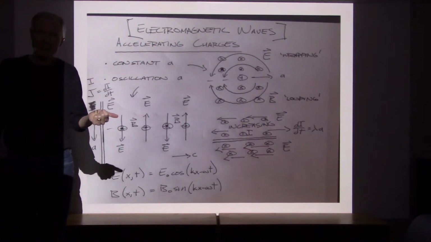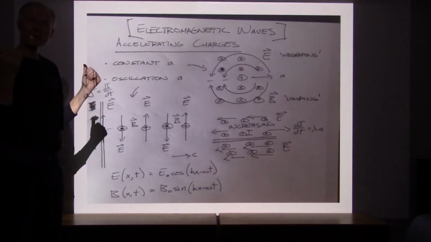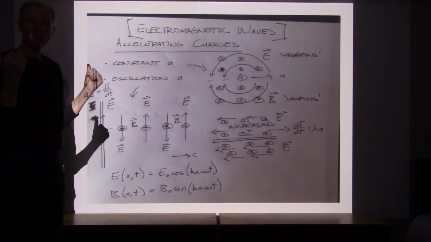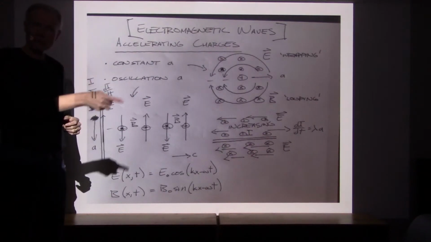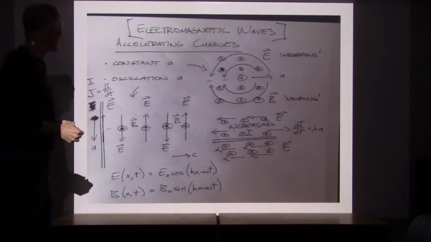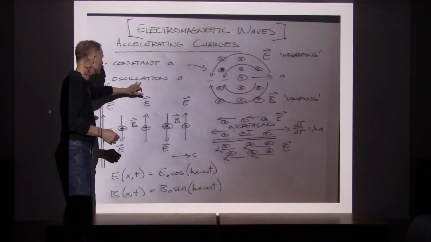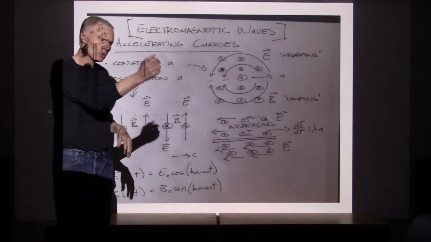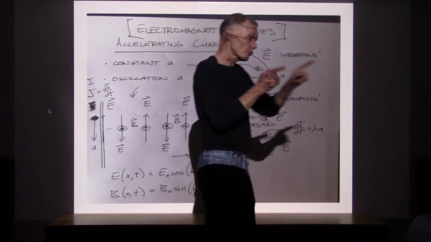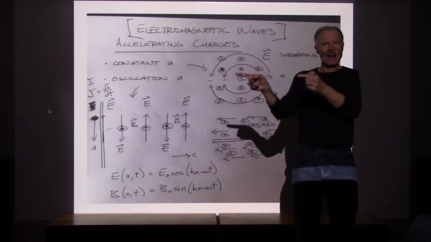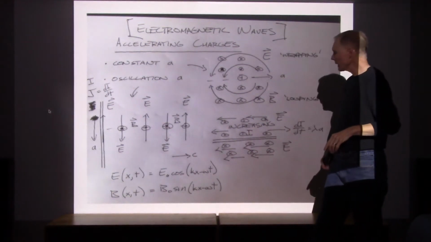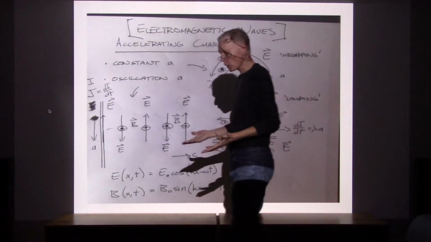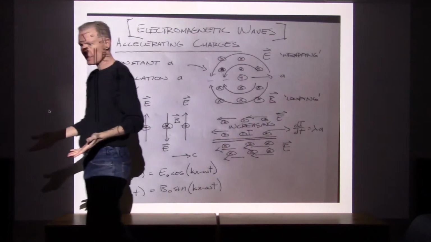A constant acceleration will produce a constant electric field in a fixed direction, and it'll produce a constant magnetic field that's looping. Now, what happens when we oscillate is that the direction of acceleration changes. So it's first in one direction, and then it's back in the other direction, and then it's here, and then it's back. And if I have an oscillating charge, then it's undergoing an acceleration.